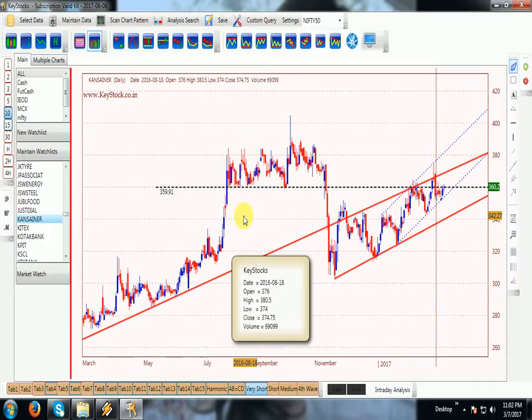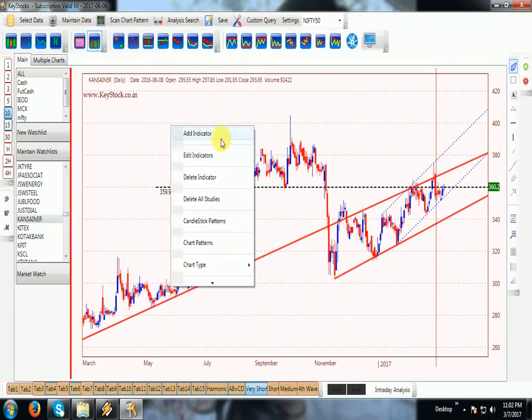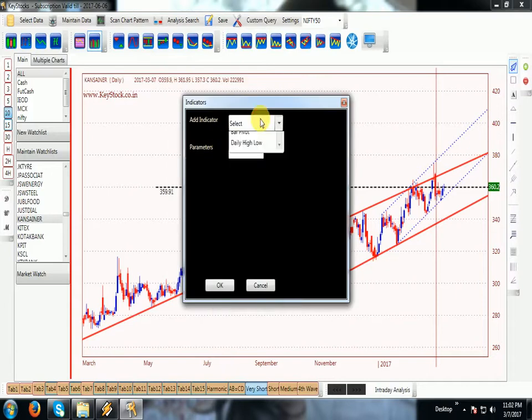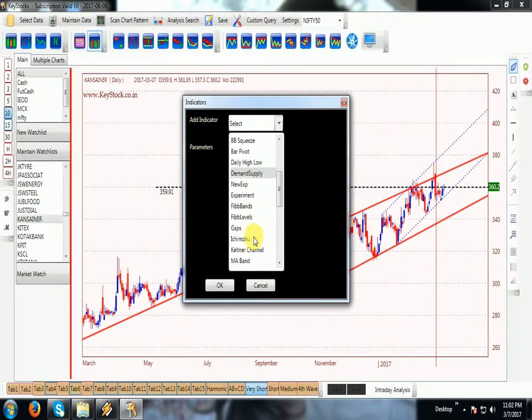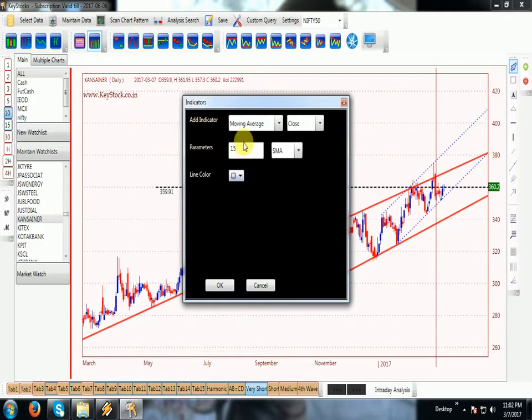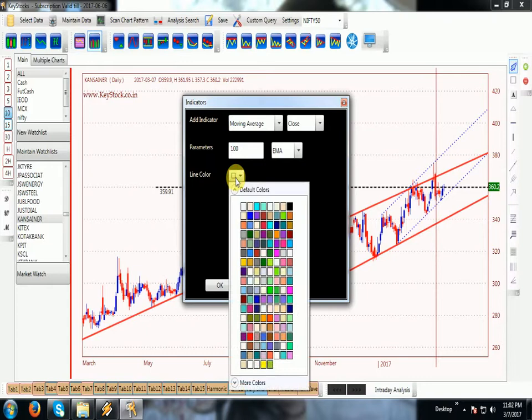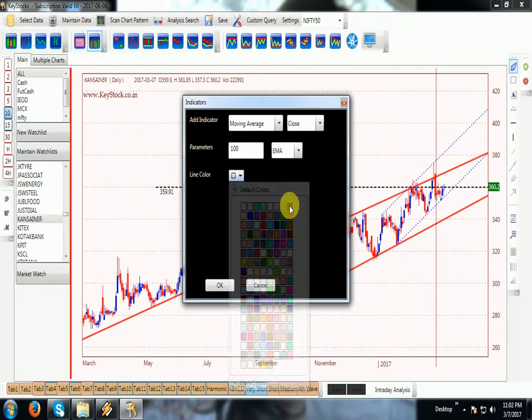I'll delete this 200 EMA and again add a 100 EMA moving average, close line. I'll keep this color as black.